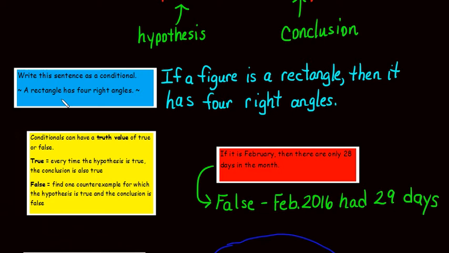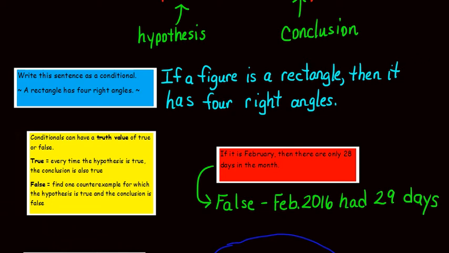Now, conditionals down here in the yellow box can have a truth value of either true or false. True means that every time the hypothesis is true, the conclusion is also true. False means you can find one counterexample for which the hypothesis is true and the conclusion is false.